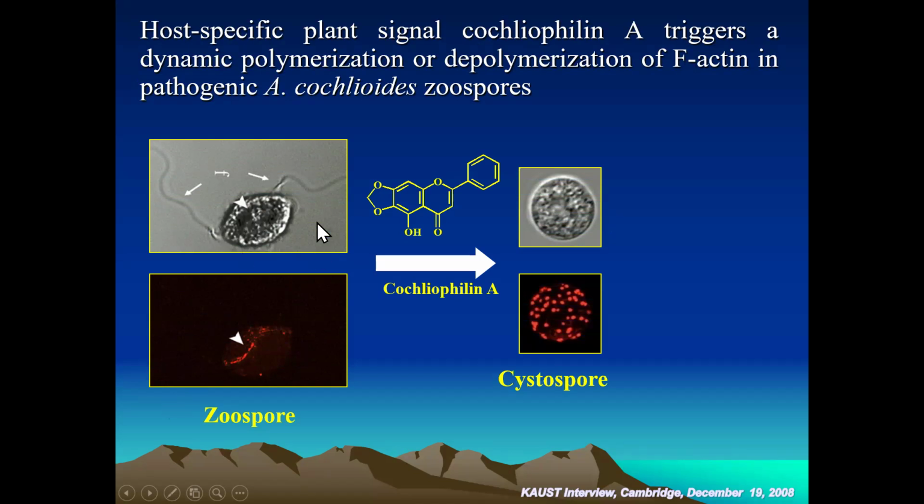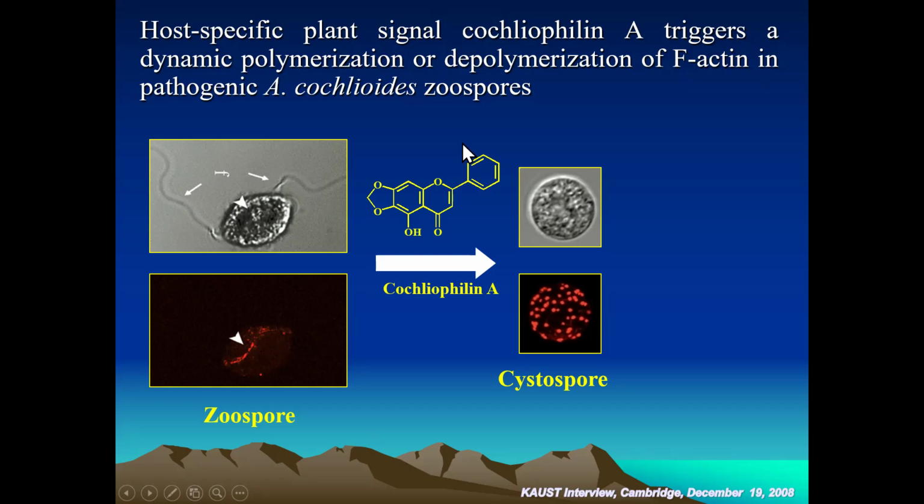Here we found that cochliophilin A triggered polymerization and depolymerization of the actin. Red dots are actin. We studied the cytoskeleton. So this skeletal structure dramatically changed into a round shape due to the filamentous actin transformed into plaque form.